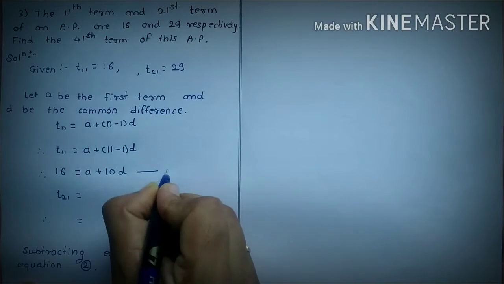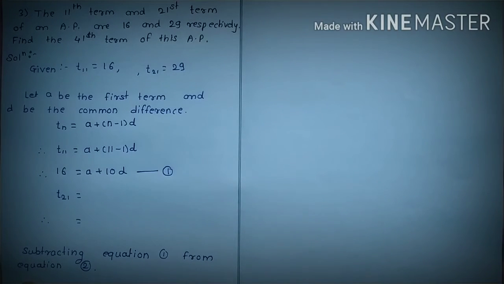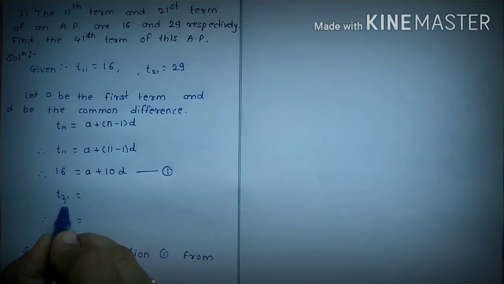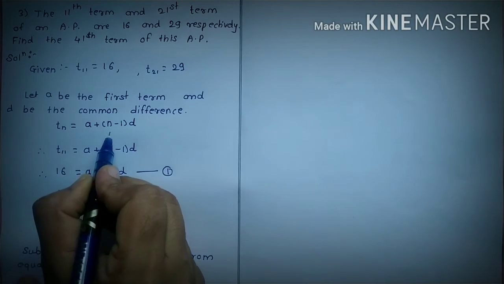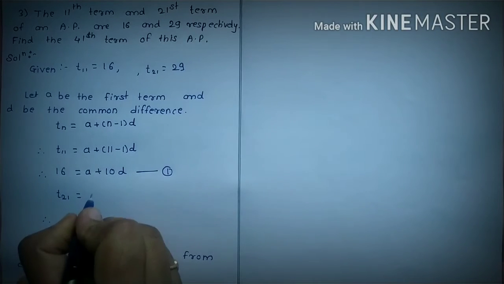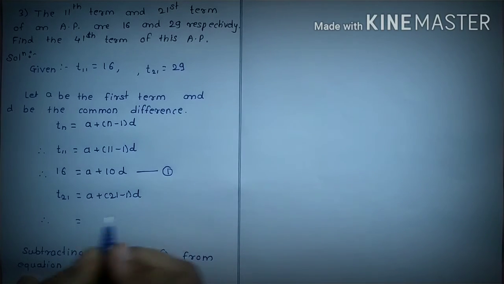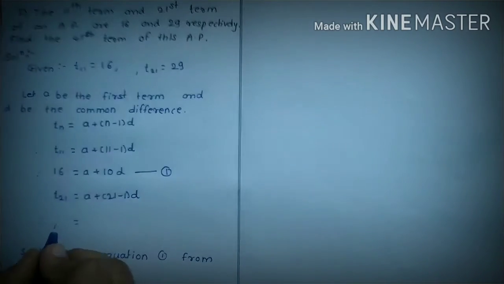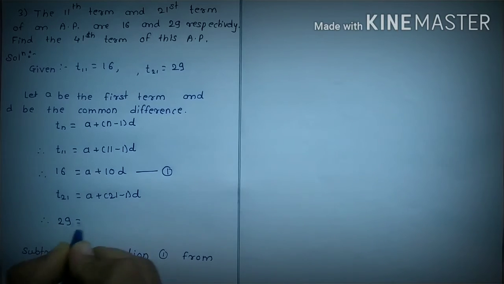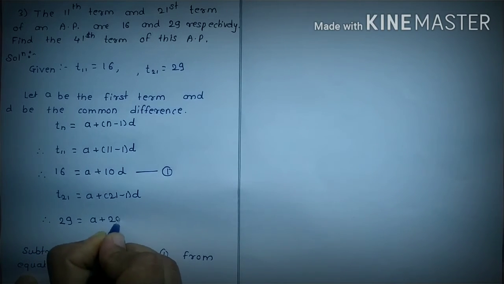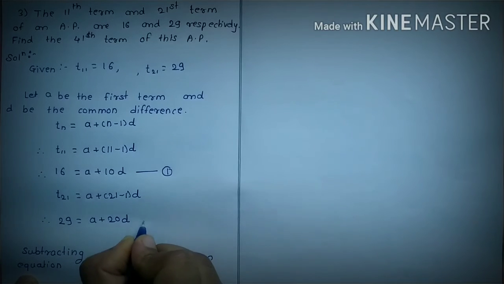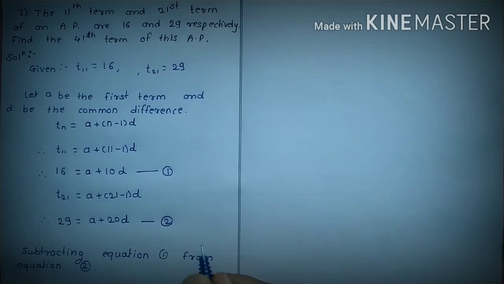This is our equation 1. Next T21 means n is 21. Substitute n equal to 21. Therefore T21 equal to A plus 21 minus 1 into D. And T21 is given as 29, equal to A plus 20D. This is equation 2.